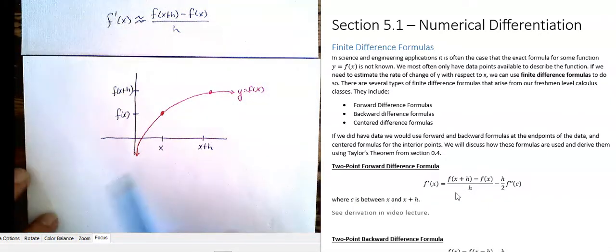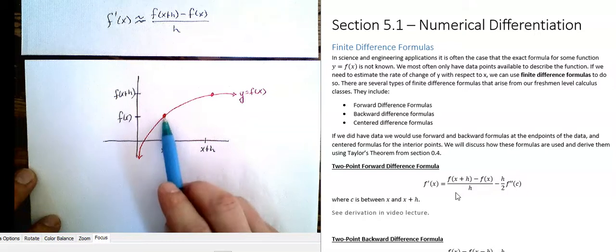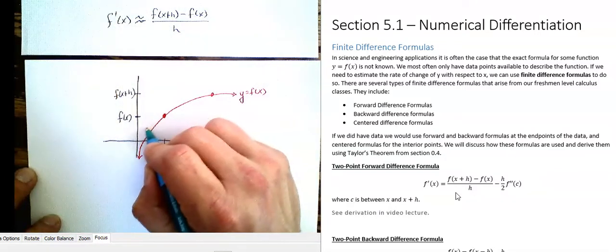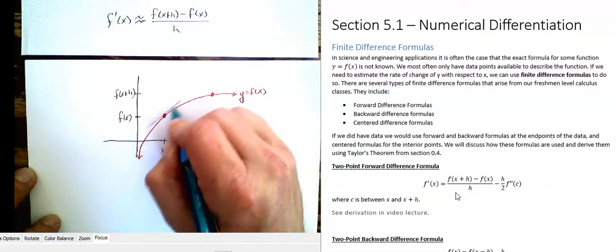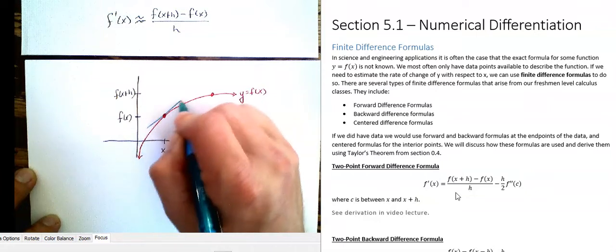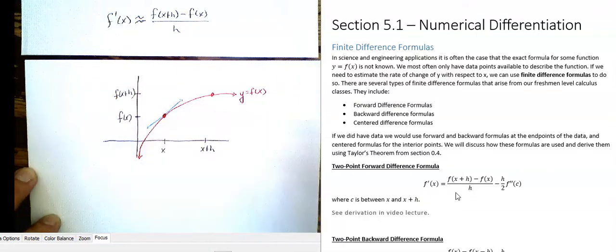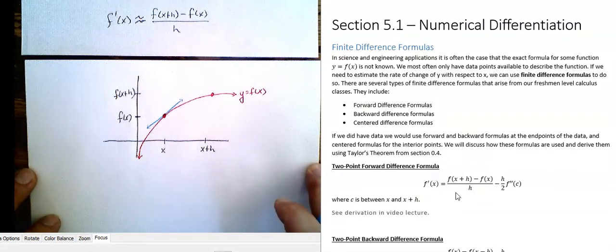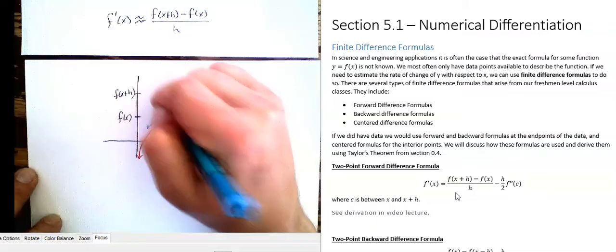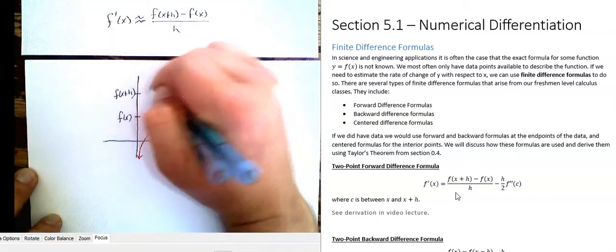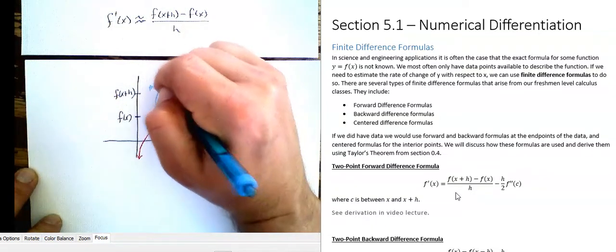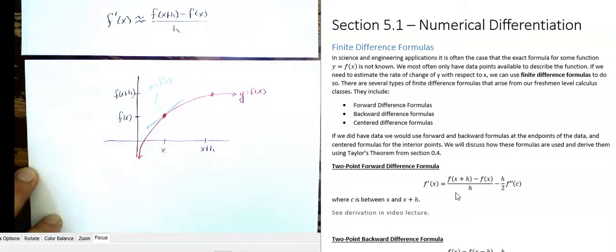So recall that the first derivative at x is simply equal to the slope of this tangent line. We draw it carefully. Slope of this tangent line is equal to f prime. So here, m for this is f prime of x.